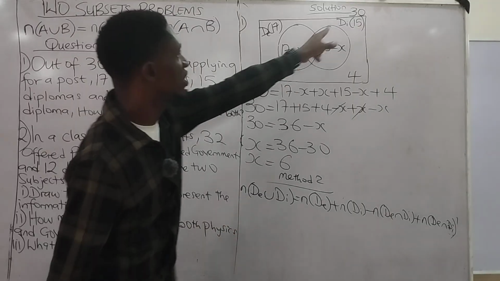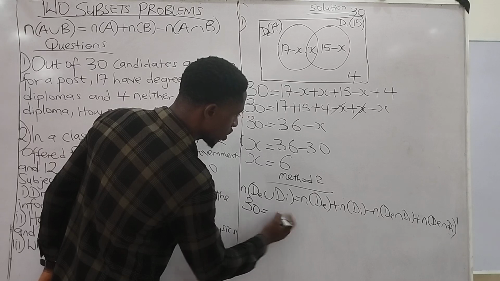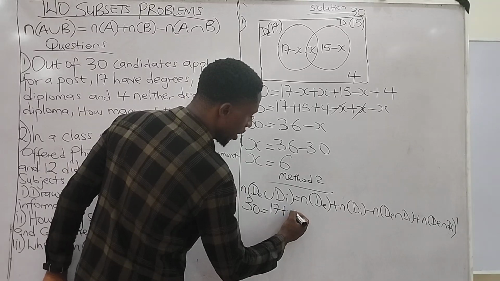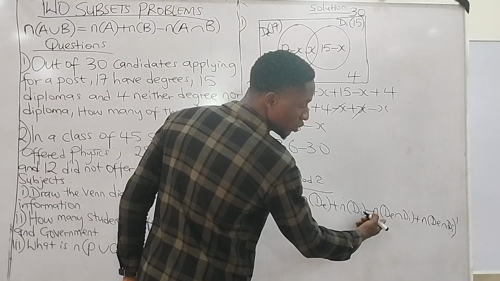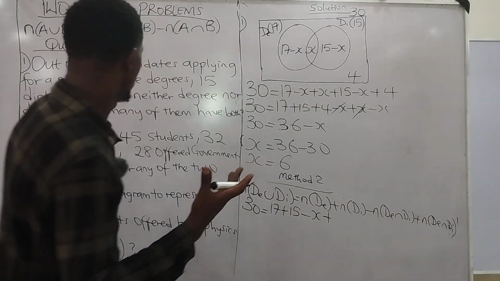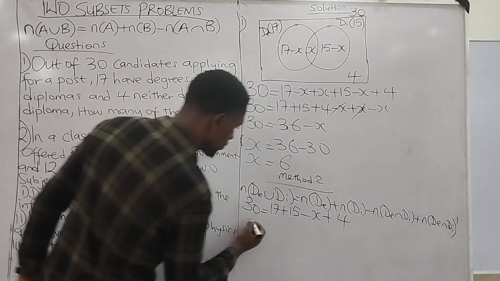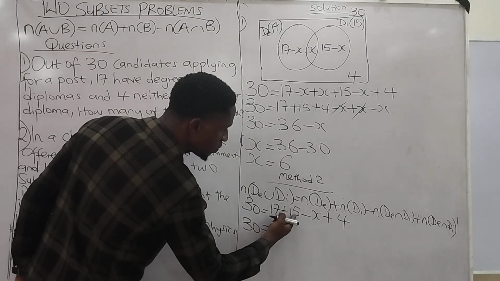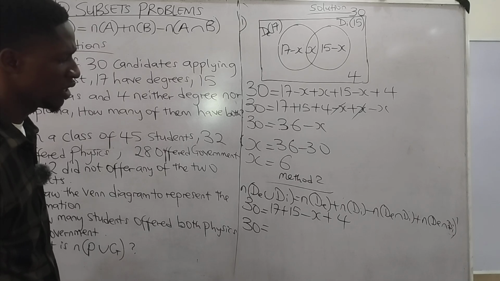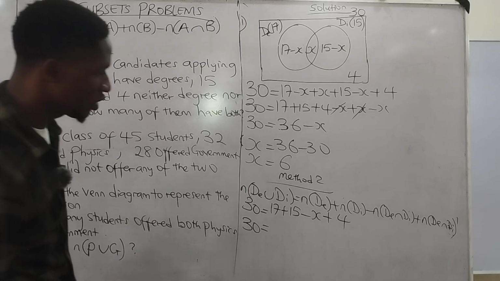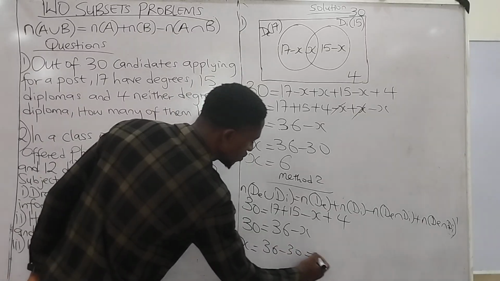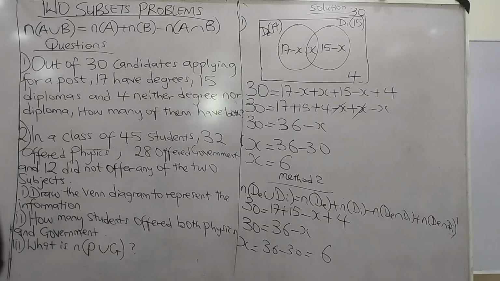So let's look at the total of everything given to us. 30 is equal to the number of degree, 17, plus the number of diploma, 15, minus how many have both, we don't know, so let's call it X, plus the neither, which is 4. So I have 30 is equal to 17 plus 15 plus 4, which is 32 plus 4, 36. So 36 minus X. Let's bring this X here: 36 minus 30 will still give us 6. Still the same answer we got.